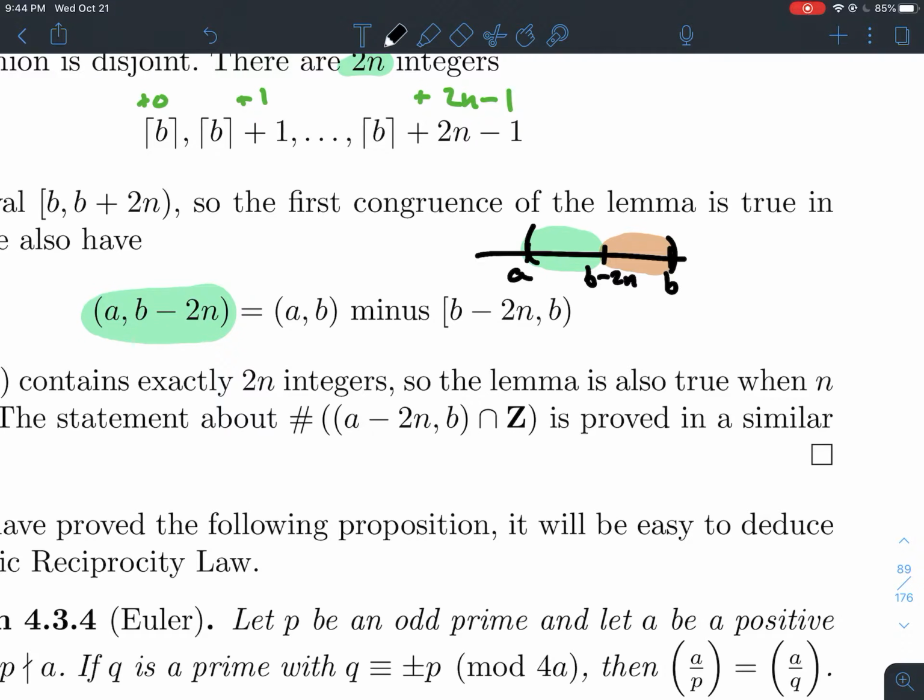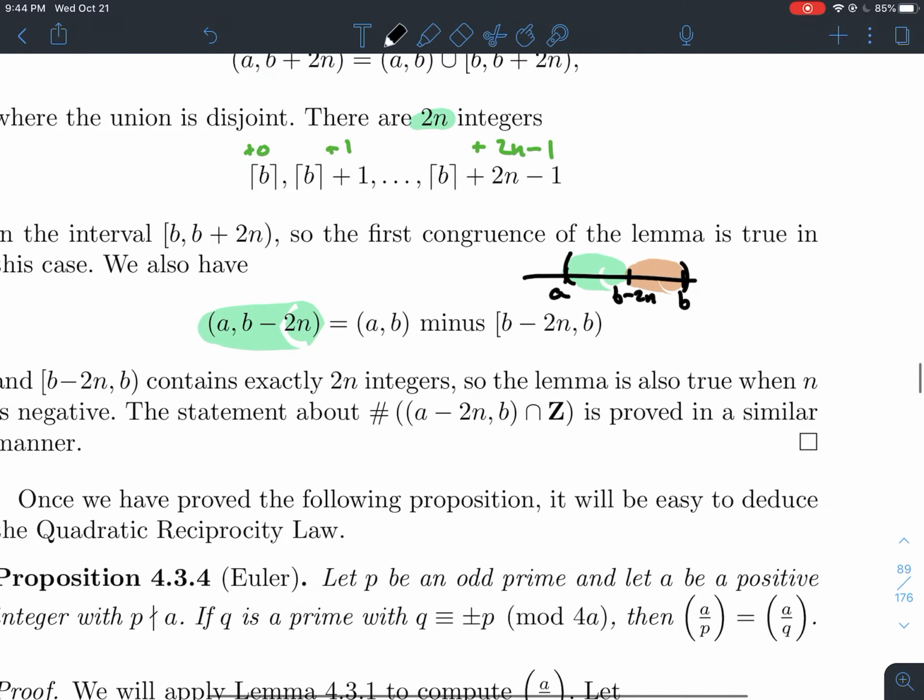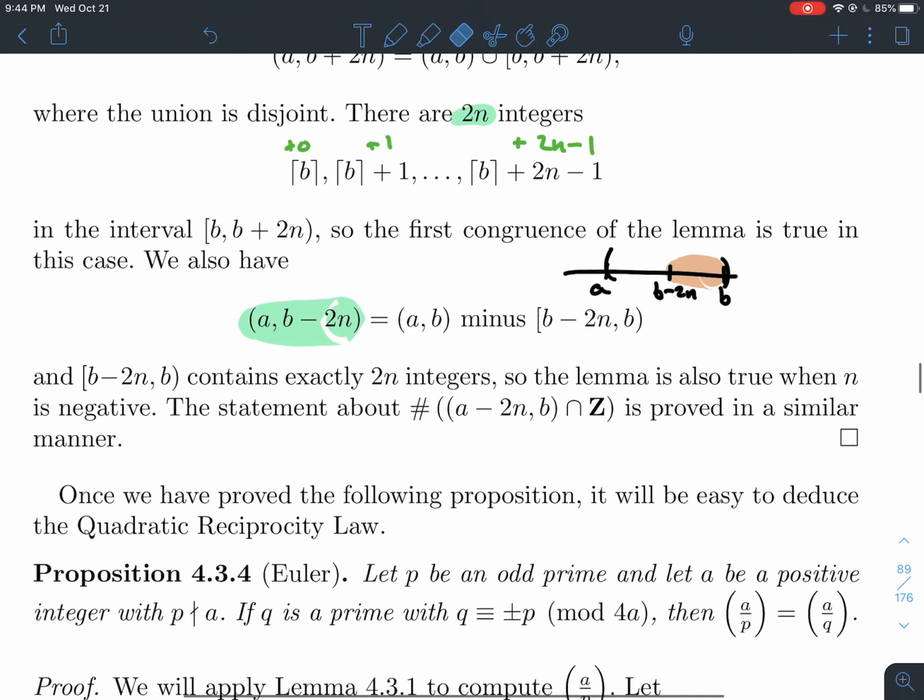And by the exact same logic as before, if I count the number of integers that are in the orange, that again is going to be 2n. In particular, it's going to be even in that case.